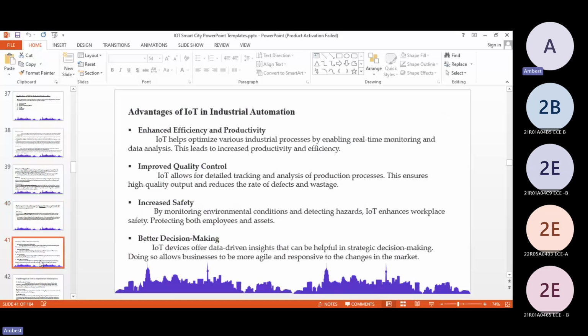Coming to the advantages of IoT in industrial automation. Guys, was I audible for you?